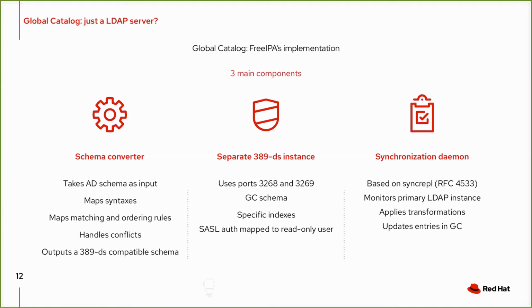And for all the entries that are modified or inserted in our primary LDAP instance, it will apply the transformation, create the required attributes, rename the entry to reflect the tree hierarchy, and then update the entry in the global catalog.